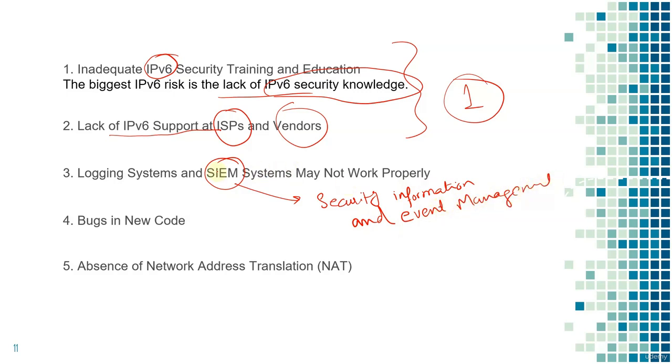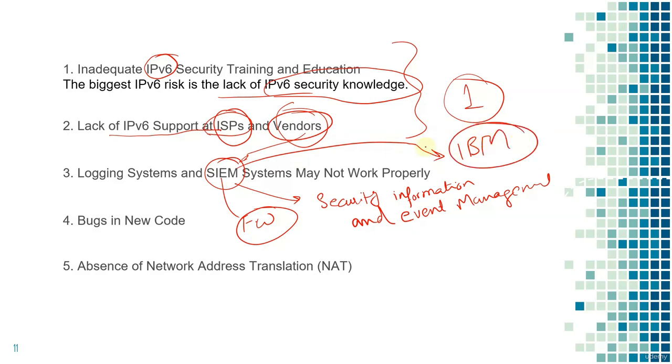So this is kind of like a firewall basically. Our ISPs and vendors do not support it. For example, IBM has these SIEM kind of systems, software basically, to protect our system.